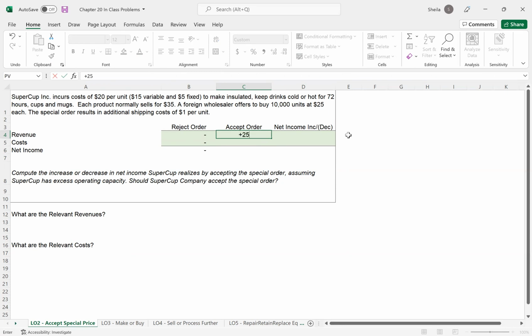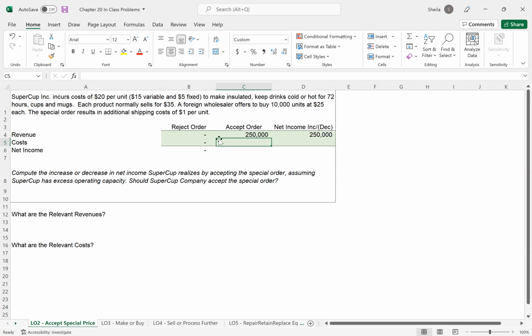That means our revenue would be 250,000. Now, I want you to treat this as just a calculation. Over here, this column says, what's your increase or decrease? Well, if we accept the order, we're going to increase our net income by 250,000.